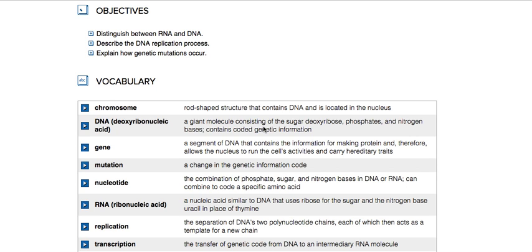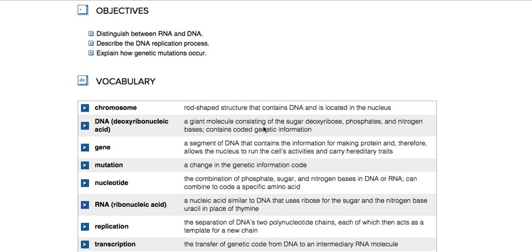Okay, so with cells, the important thing that you really need to take into consideration is what's going on down at the molecular level in terms of what's going on with the DNA. Okay, so when you look at the structure of DNA, obviously it's helical in nature. Okay, it's basically like a spiral staircase.